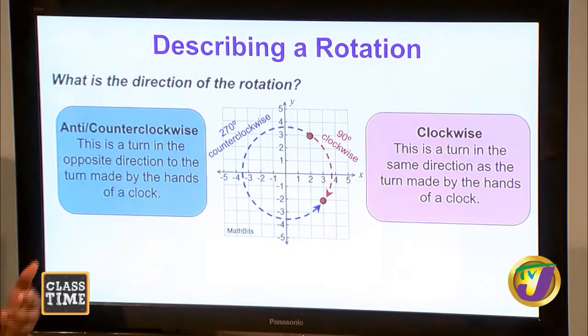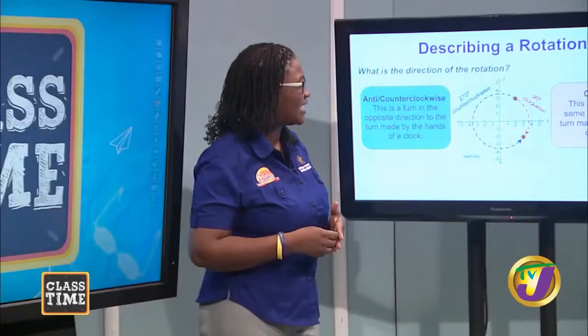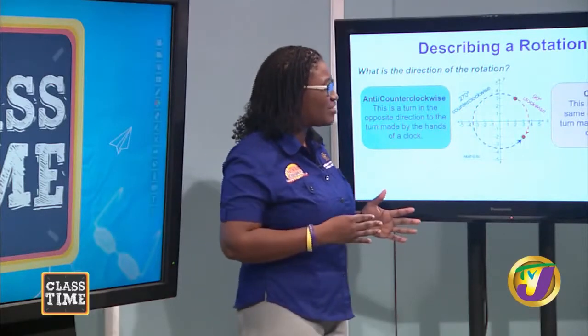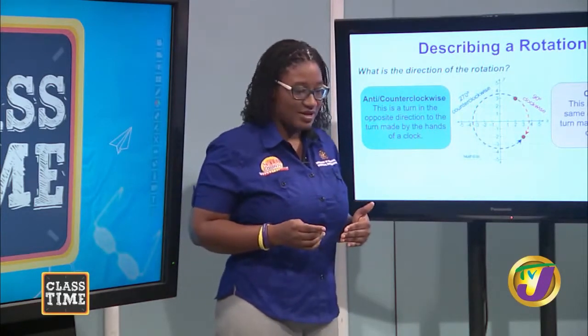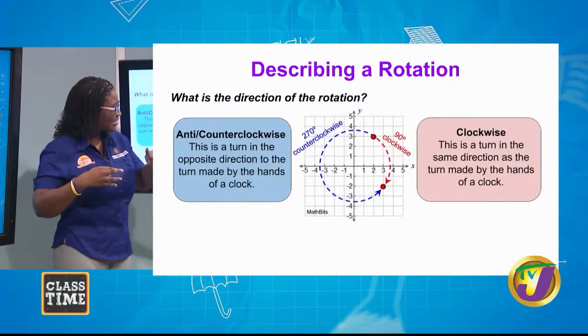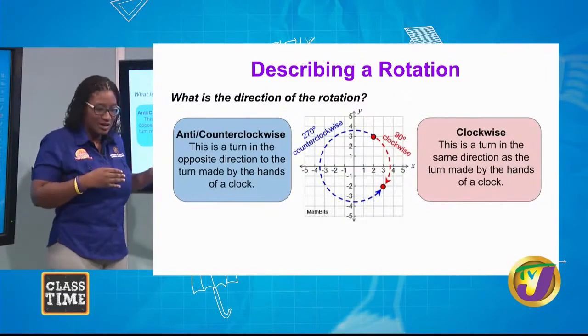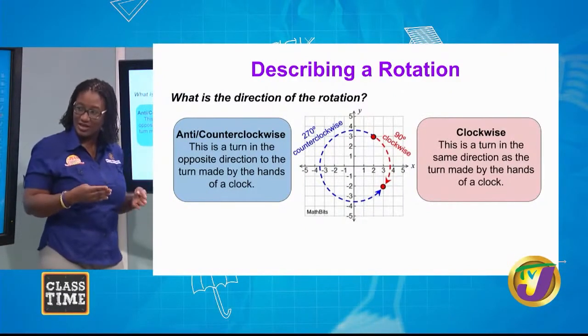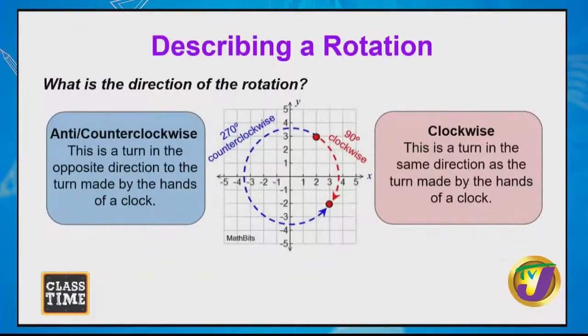There must be something interesting here, because a 90-degree clockwise rotation and a 270-degree counter or anti-clockwise rotation ended up with the same result. So what can you tell me then?